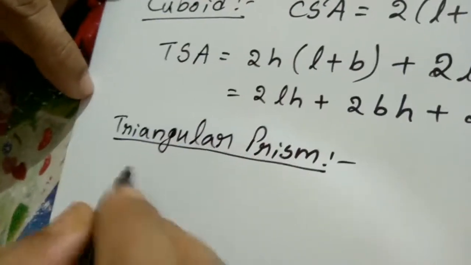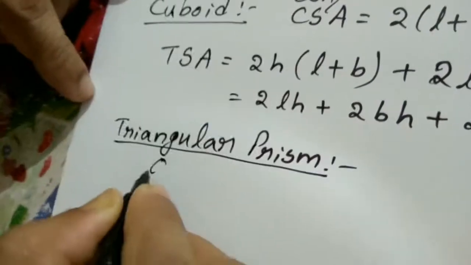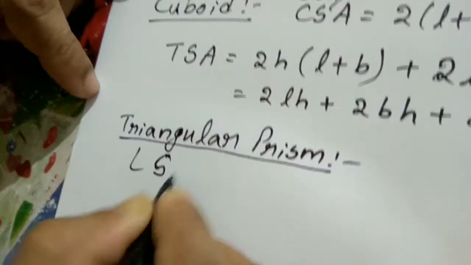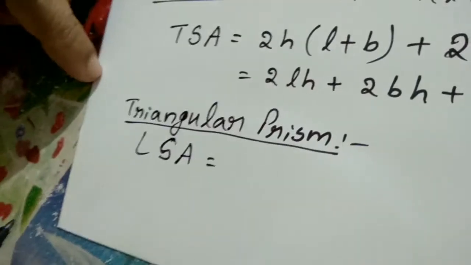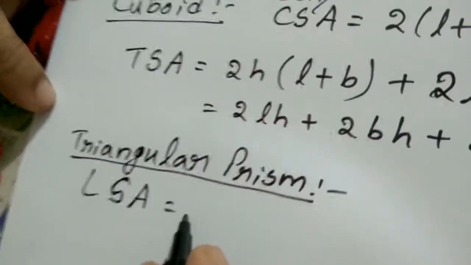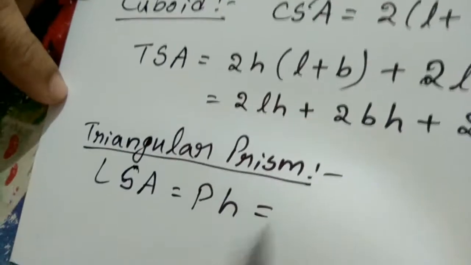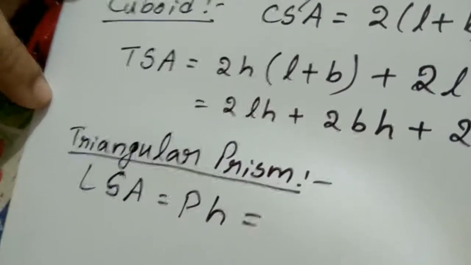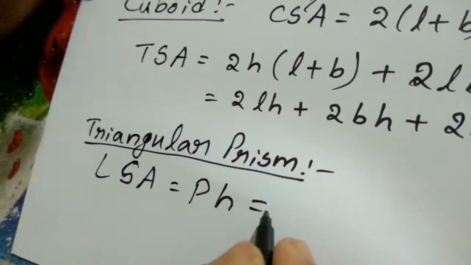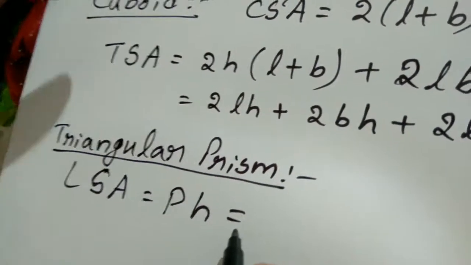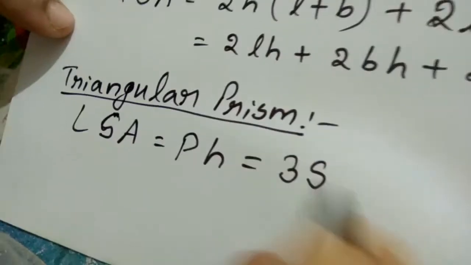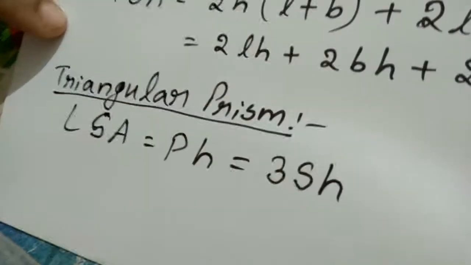Considering the triangle to be congruent, equilateral, the LSA is base perimeter into height. What is the base perimeter? The base perimeter is 3s, the sum of the sides of a triangle. So 3s into height, h.